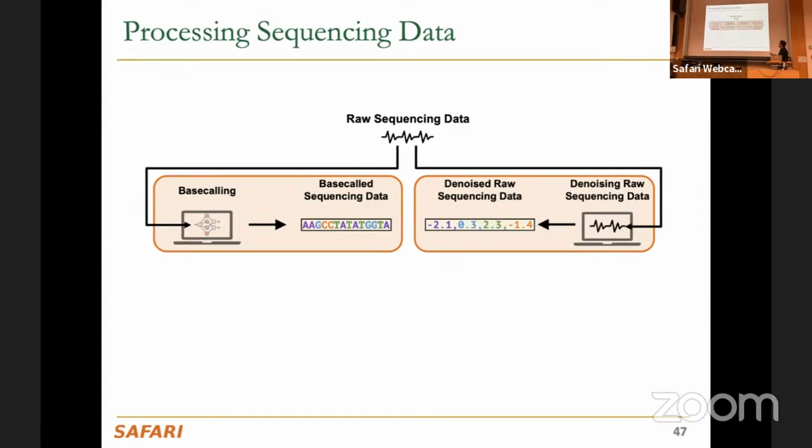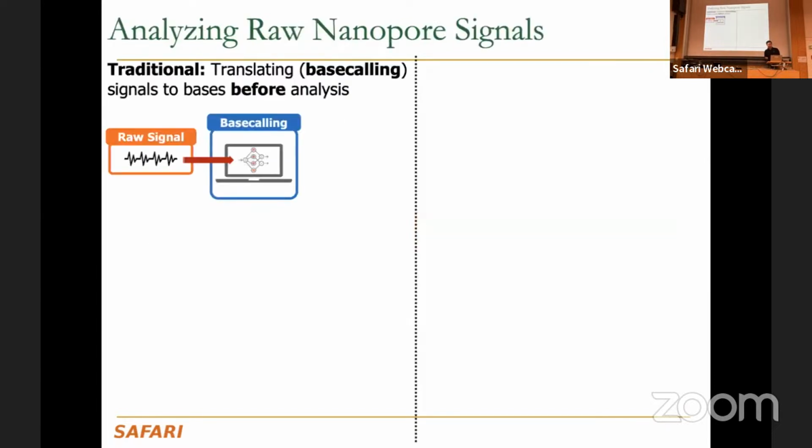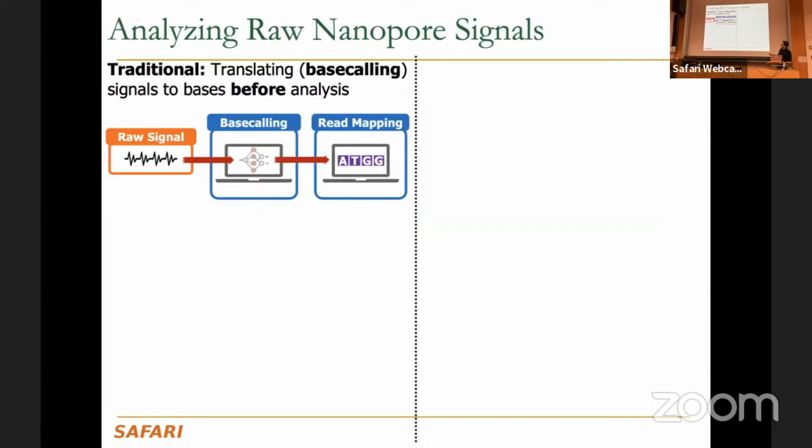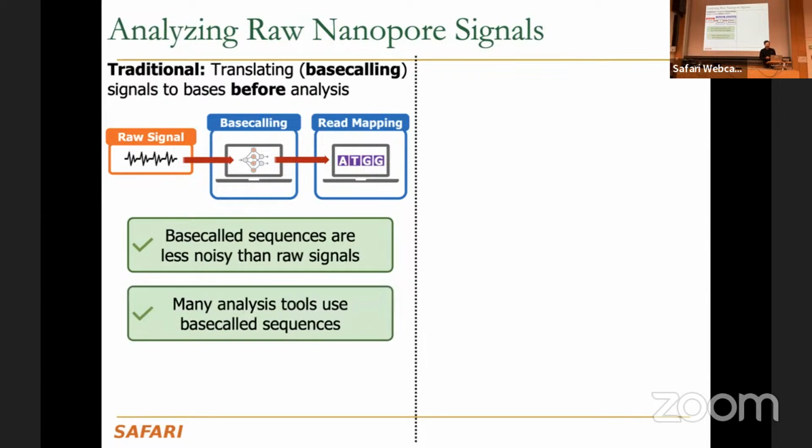Or we can process this data by reducing the noise inside it and then perform the analysis directly without basecalling. So these are two traditional approaches. One, we translate, and then we have ATGCs, and then we perform our analysis. This is usually more accurate because the translation removes almost all the noise in the electrical signal.